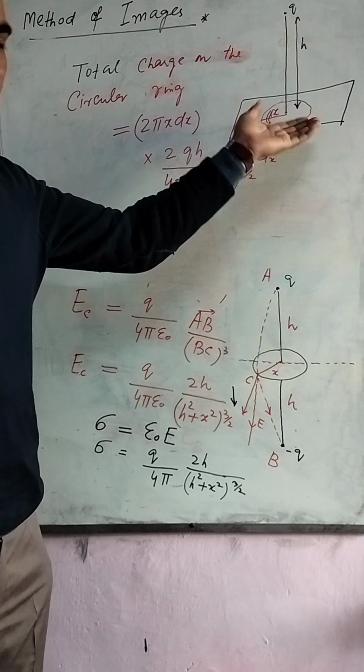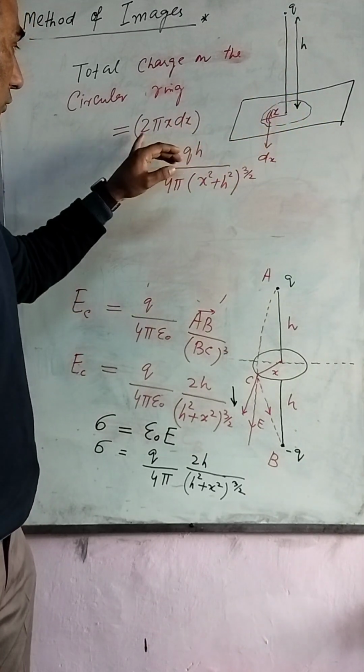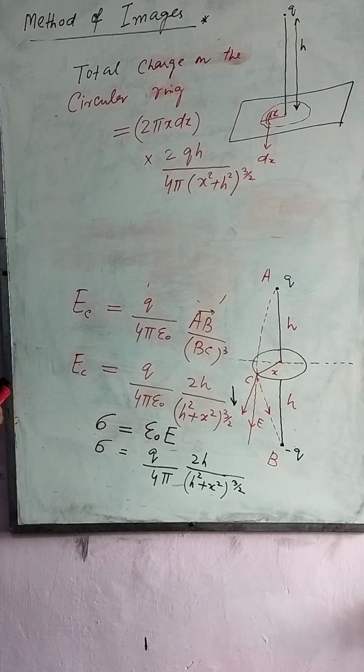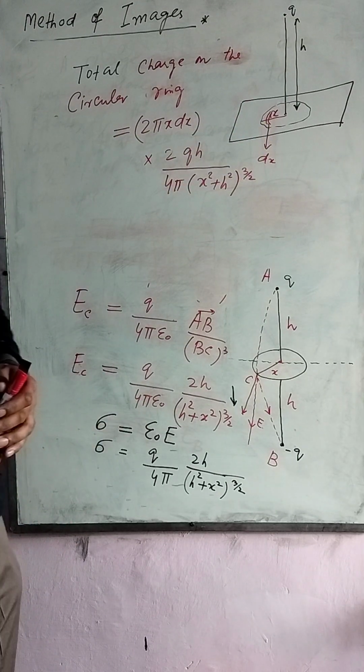So the charge on this ring will be 2 pi r into dx, per small element, into that total field, right?